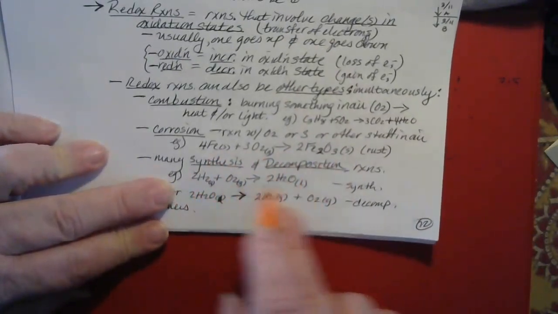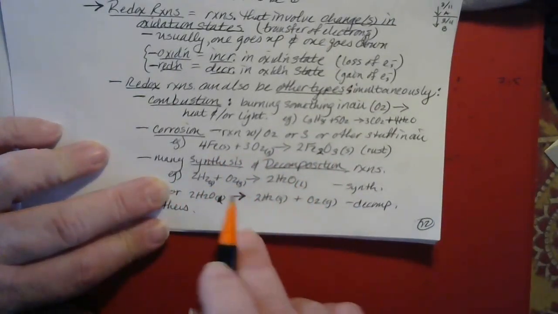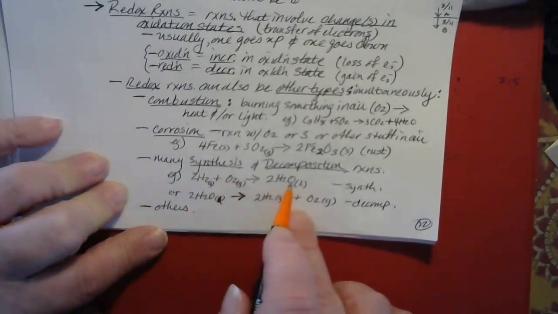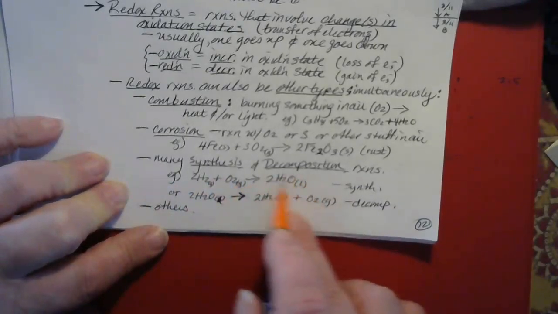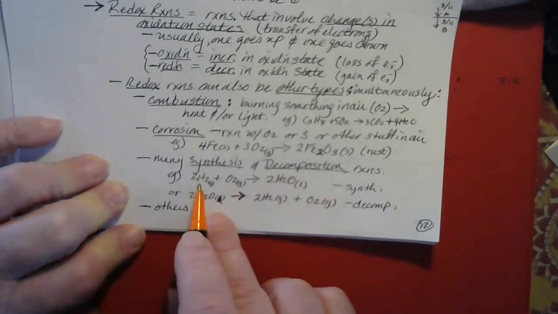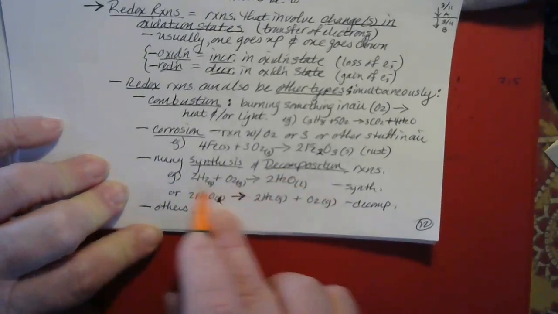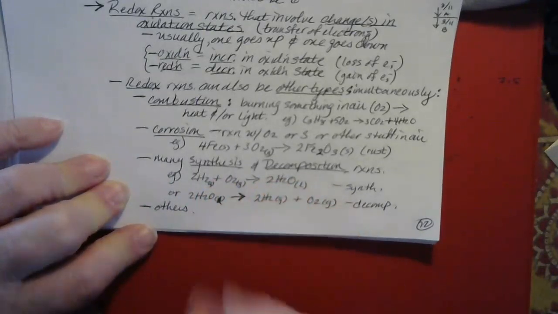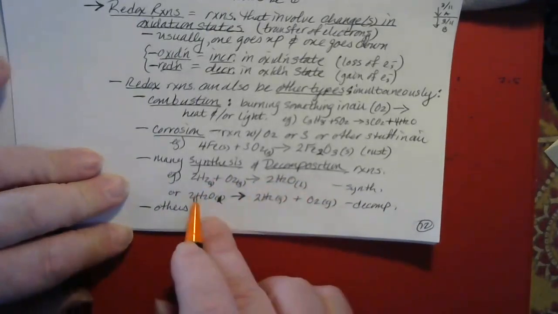Also, synthesis and decomposition reactions. Synthesis, again, is where you have 2 smaller, simpler substances combining to create 1 larger, more complicated substance, like hydrogen and oxygen going to form water. And we've already seen that that's definitely a redox reaction.